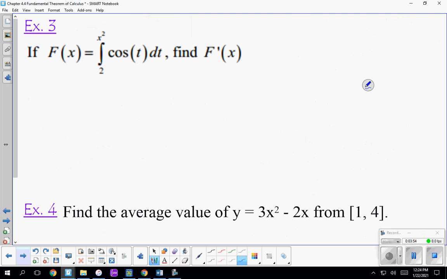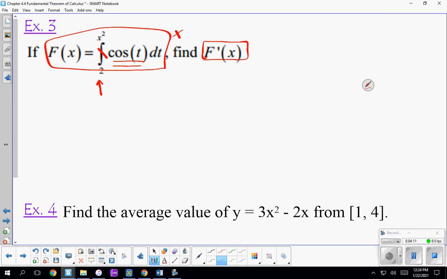If we were to actually apply the theorem here, this says find the derivative of this function. Well, this function is an integral. So when we take the derivative of an integral, what ends up happening is that these cancel. I'm going to be left with the cosine of t, but if I were to do this the long way, the upper limit ends up getting plugged in.